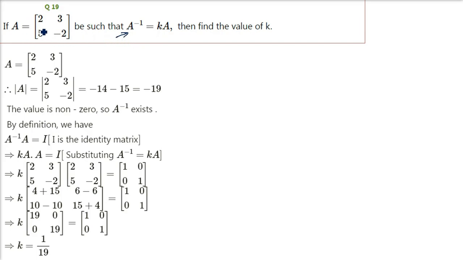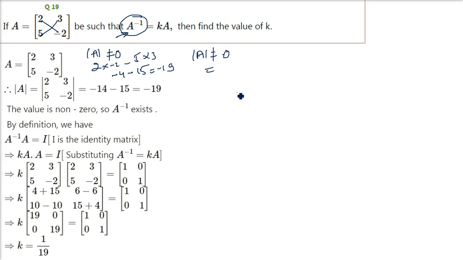For that, you have to find out the determinant of A. If it is not equal to 0, then A inverse exists. So 2 into minus 2 minus 5 into 3, so minus 4 minus 15 is minus 19. This determinant of A is not equal to 0, so we can say A inverse exists.